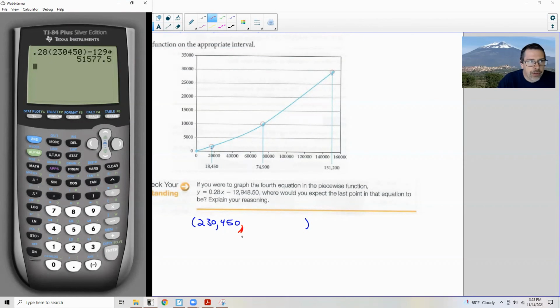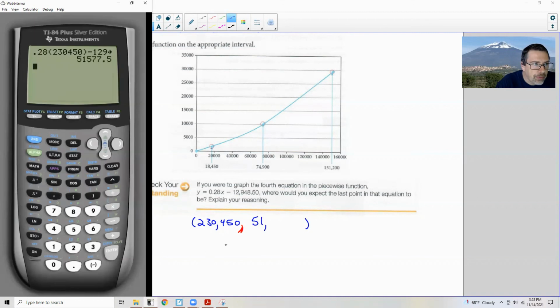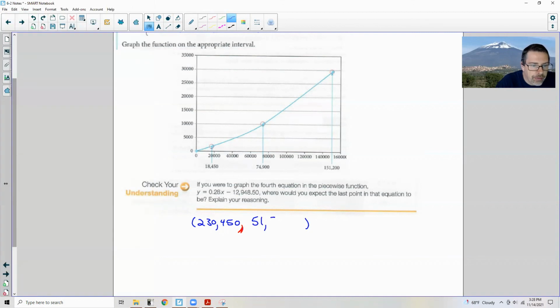I get $51,577.50. So that will be my Y. $51,577.50. What does that mean? It means I made $230,450, and I paid $51,577.50 in tax. Okay, so that's how you would do that problem.